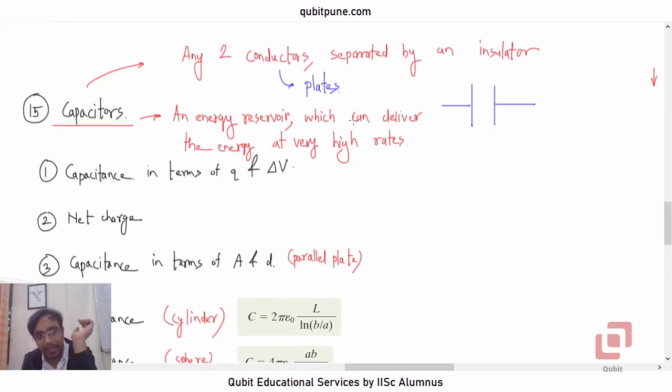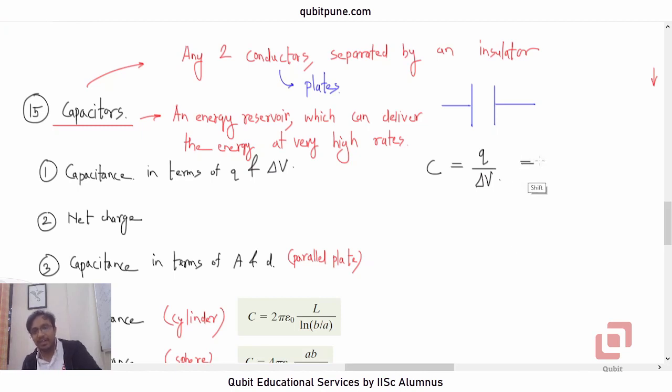The important quantity associated with any capacitor is its capacitance, and it can be proved, and we prove it for parallel plate capacitor, that capacitance does not depend on the potential difference. The capacitance C is actually the constant of proportionality between the net charge on any one plate of capacitor divided by the potential difference.